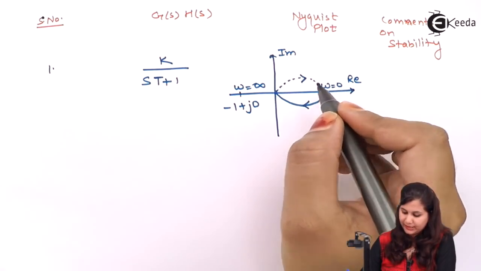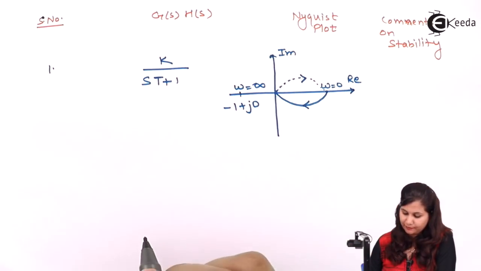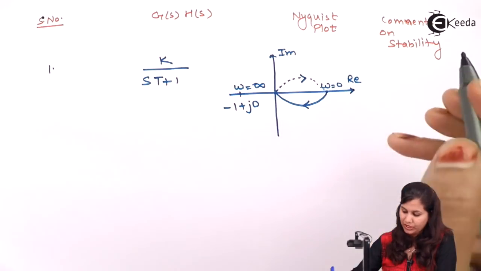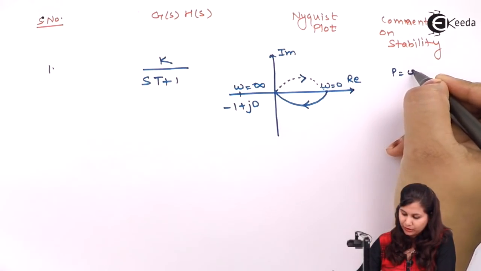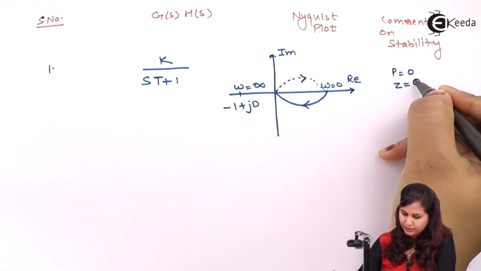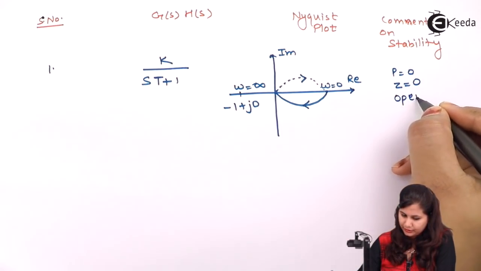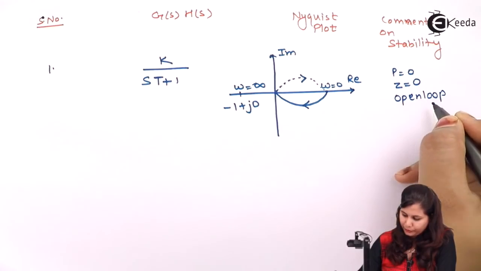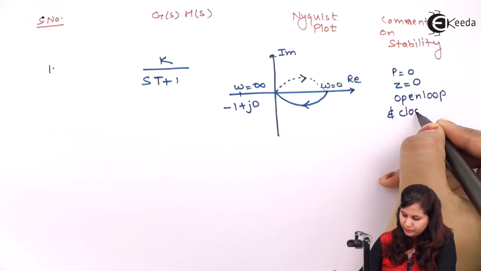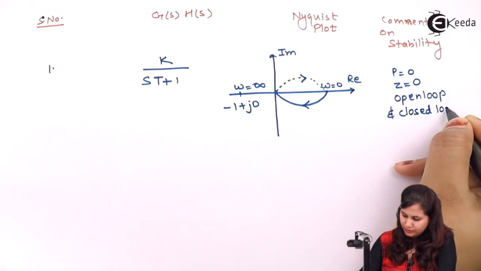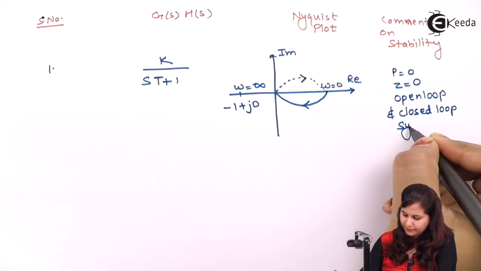Now, what can we say about the stability of such a system? For this system, P equals 0 and Z equals 0, so the open loop and closed loop systems are stable.